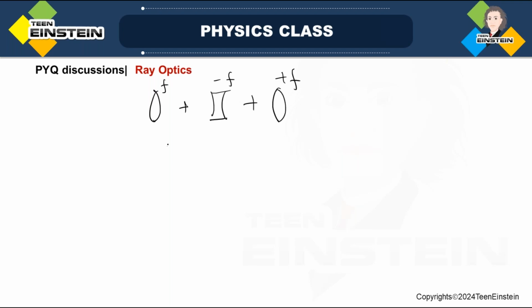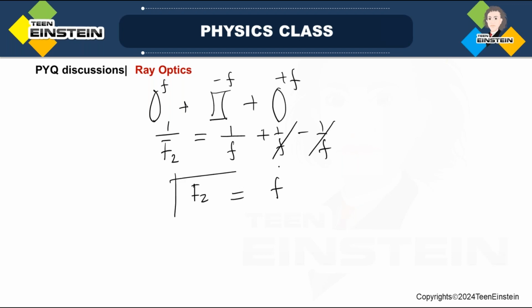So in the combination, I have 1 by f2 is equal to 1 by f plus 1 by f minus 1 by f. So these two will actually cancel each other. So f2 will be only f.